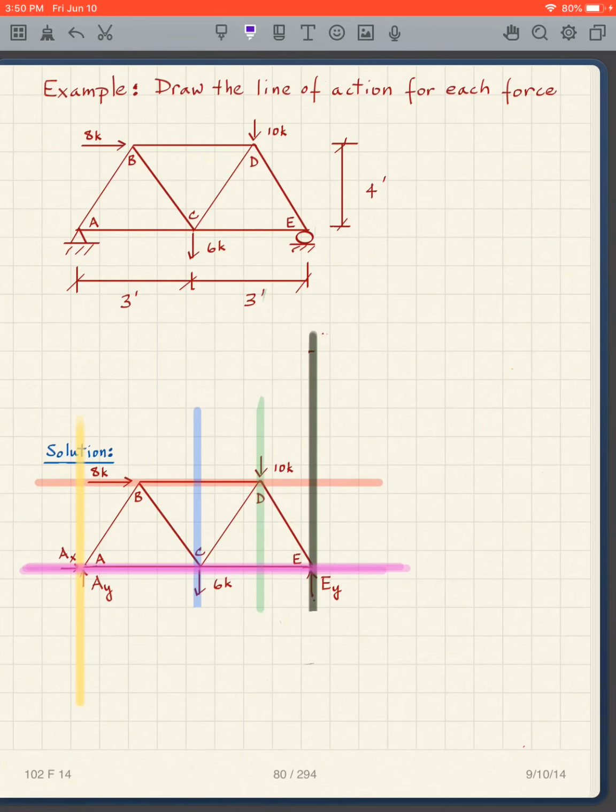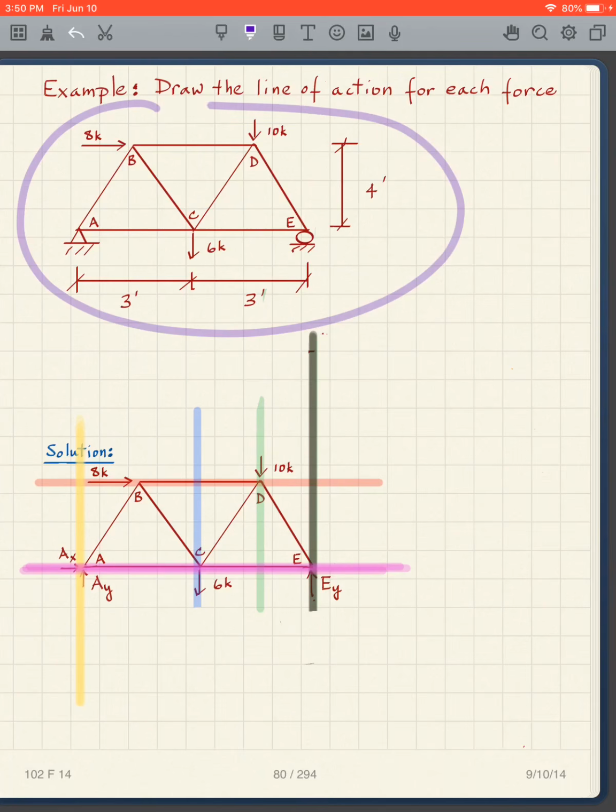Again, we're going to be concerned about taking moments, and so one of the big things is the line of action for each force. So we started preparing for that, and this is something that gets students confused, so we want to make sure we get it right. So here's our truss.